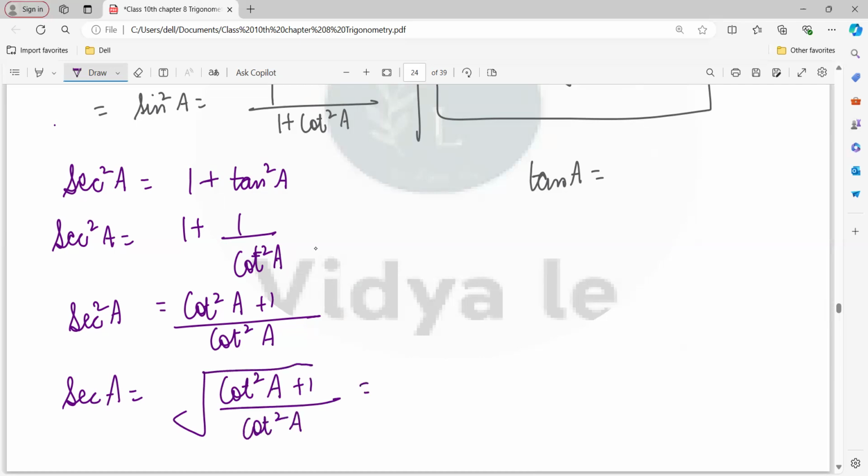The answer is root of cot square A plus 1 upon cot A. Is it clear how we can find the value of secant A in terms of cot A?